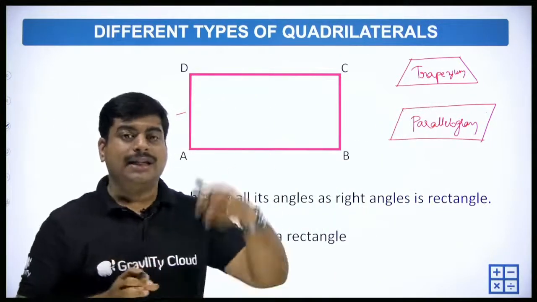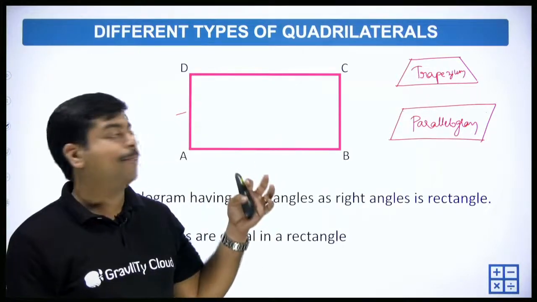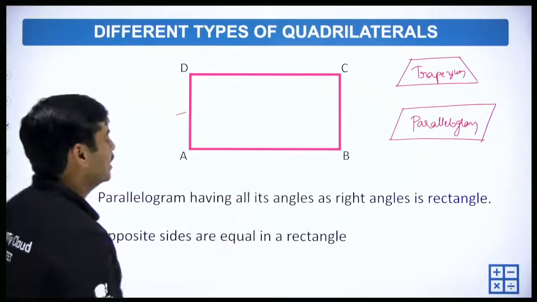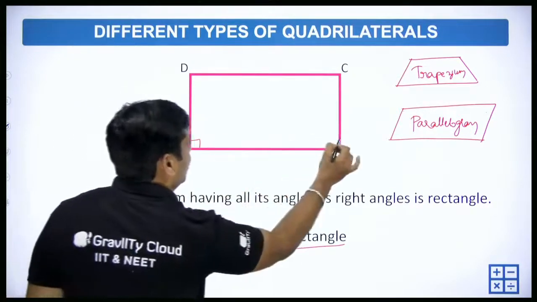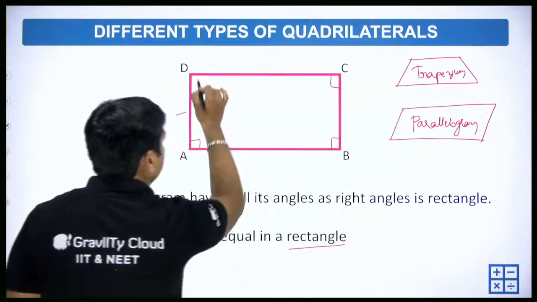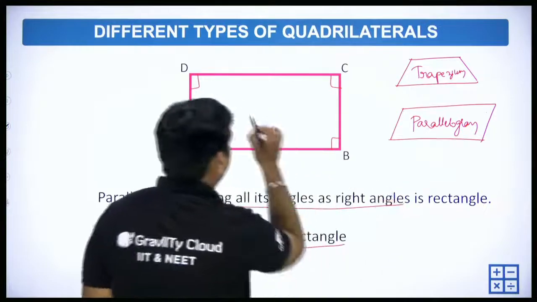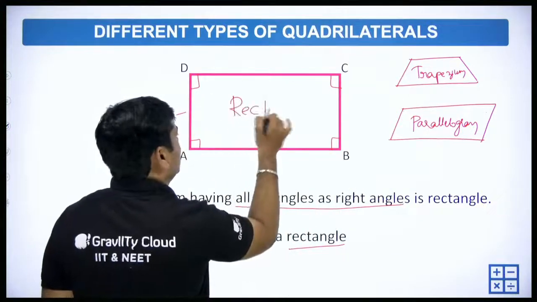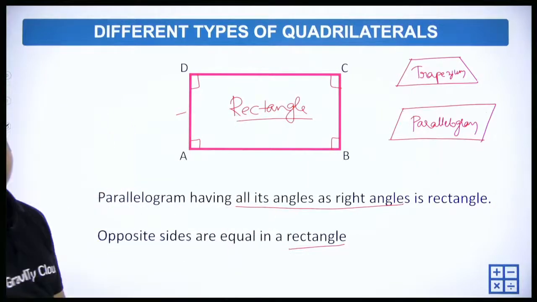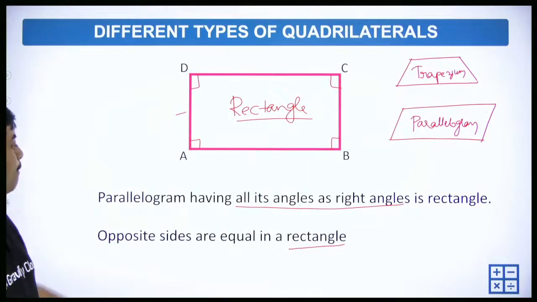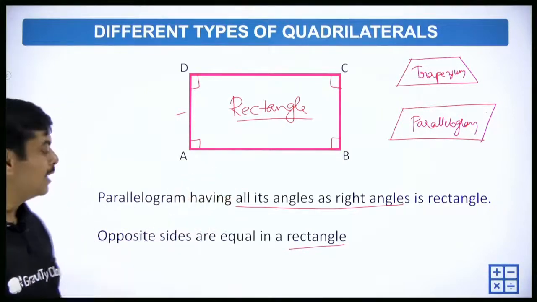But in case that parallelogram has right angles, we say that it is a rectangle. Understand? A parallelogram having all its angles as right angles is a rectangle.